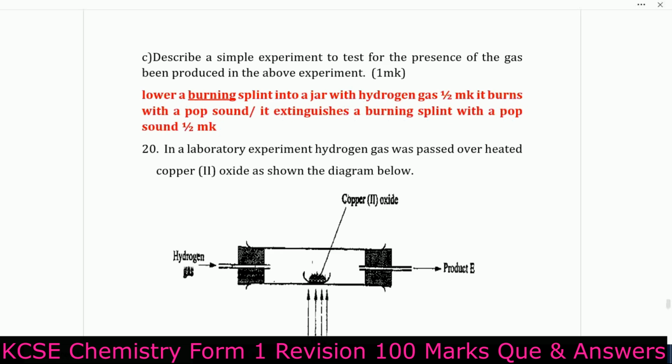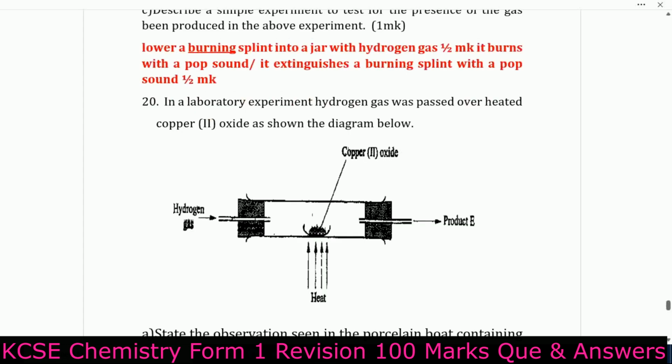Number 20. In a laboratory experiment, hydrogen gas was passed over heated copper(II) oxide as shown in the diagram. So you can see hydrogen gas is being passed through copper(II) oxide.